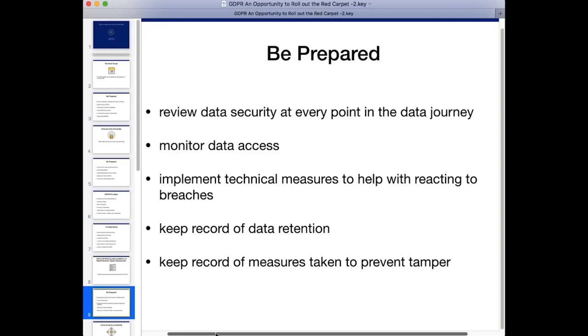And on that point, you'll be hearing a lot more about data breaches as companies will start reporting them. Statistically speaking, breaches are no longer a question of if, but rather a question of when. We must keep record of how long different types of personal data is stored and how we protected it from access and tamper while it was in our care.